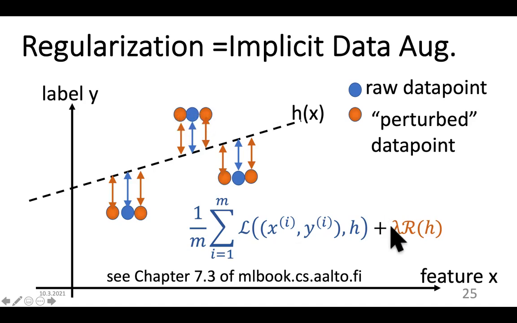And this link then tells us how to choose the lambda that corresponds exactly to this standard deviation. There's a formula. You can calculate the lambda corresponding to this data augmentation with a standard deviation of 0.2. So this lambda essentially determines the variance or standard deviation of these perturbations.